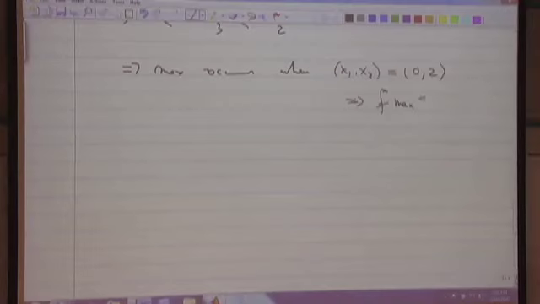And the maximum will be the maximum of f. Max of f over the region, the feasible region, let's call it S, is f at 0, 2, which is 4, right? I mean, it's 0 plus 2 times 2, so that's 4.